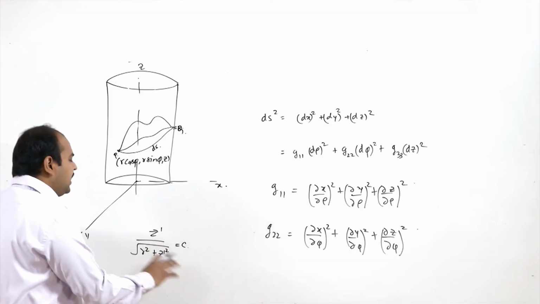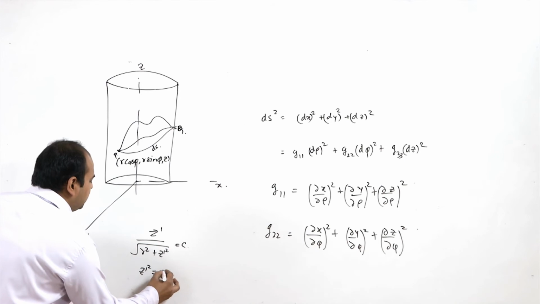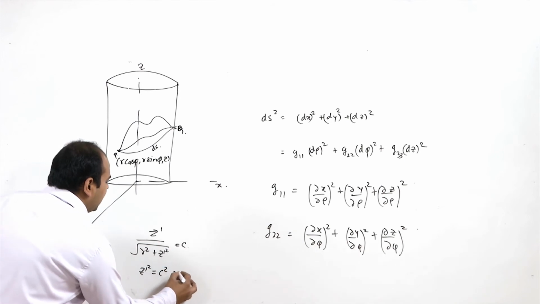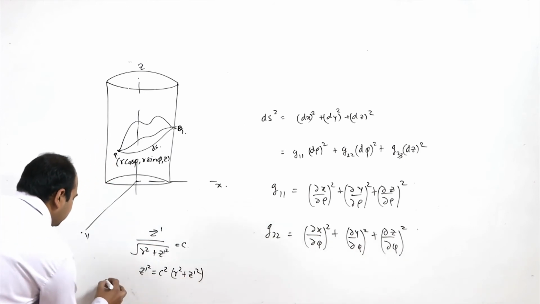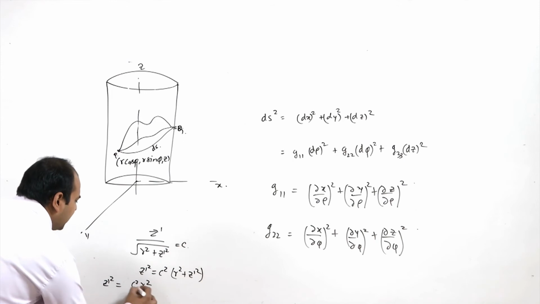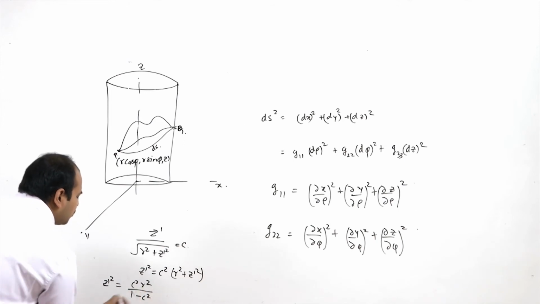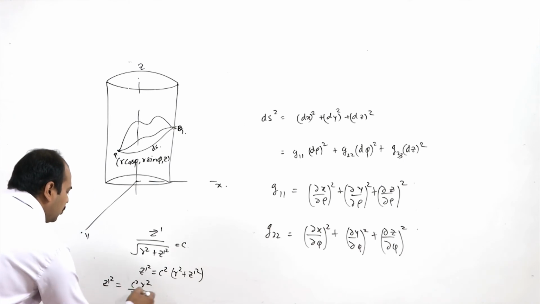So you can square it and solve it. After squaring, you have z dash square equal to c square times r square plus z dash square. Simplifying, z dash square comes out to be c square r square upon 1 minus c square. Here c is constant and r is constant, so this whole quantity is constant.